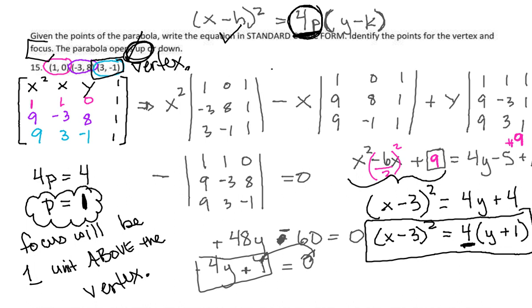If your vertex is at the point 3, negative 1, that means your focus is at the point 3, 0. There's your focus, there's your vertex, there's your standard form equation.